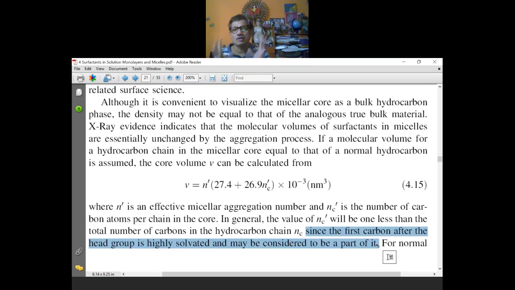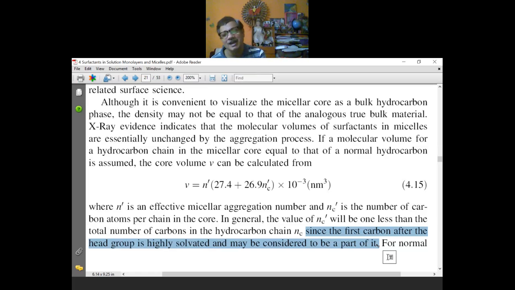I can calculate this if it is made up of saturated hydrocarbon. See, if I know the micellar aggregation number, and if I can calculate the volume of the core of the micelle, I will divide it by the aggregation number and I will get the value.